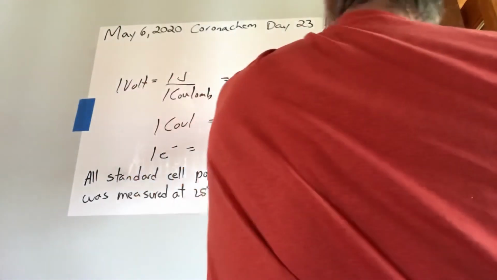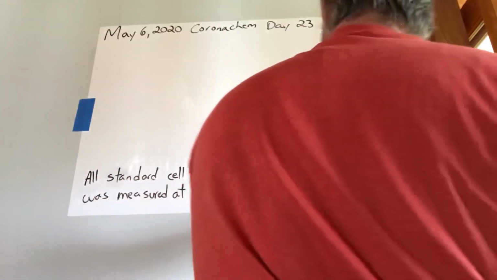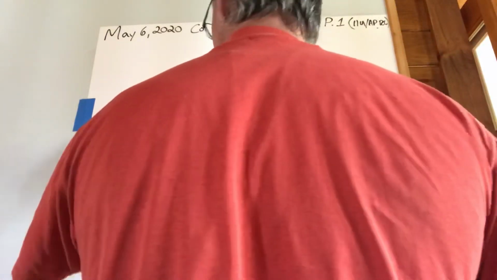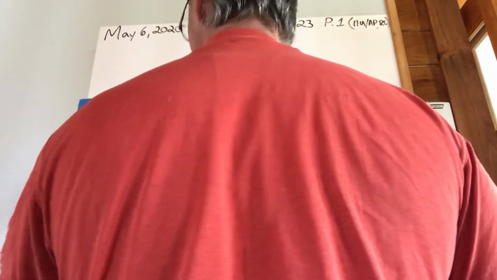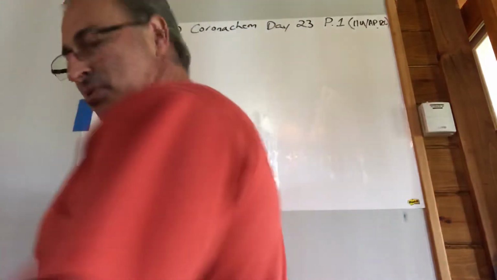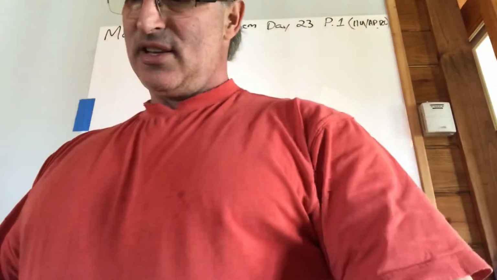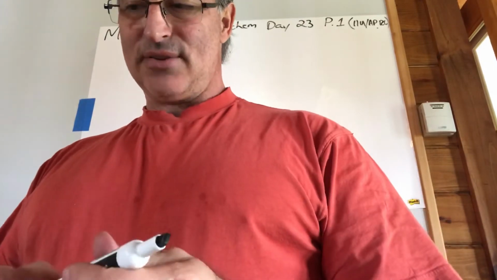Okay, so how do they get the voltages? That's the next question. Well, what they did is all the scientists got together and they agreed that they were going to call one of the reactions equal to 0. So they used a simple reaction, and they call it the SHE, the standard hydrogen electrode.